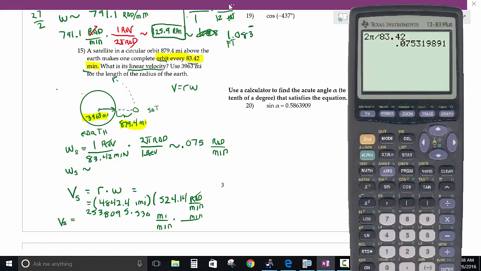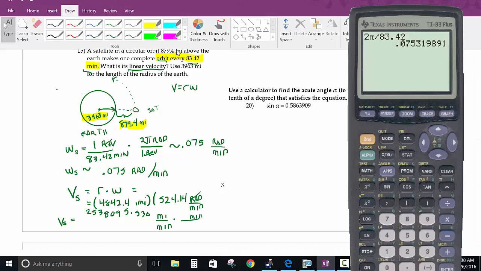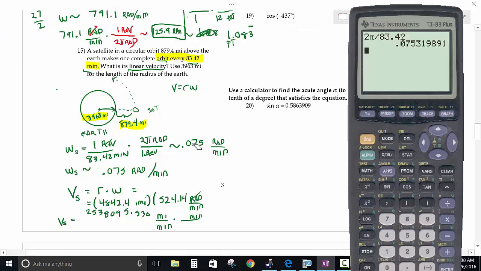All right, so we got that. Let's make that correction now. So we now know that we've got 0.075 radians per minute. Okay, so now when we go down to where I screwed up, we need to do this. Let's take that out, okay, and let's replace that. Now let's get the final answer of the problem, and let's get this right this time.